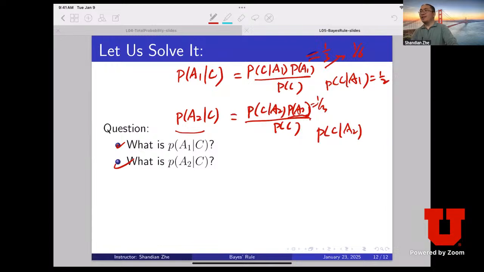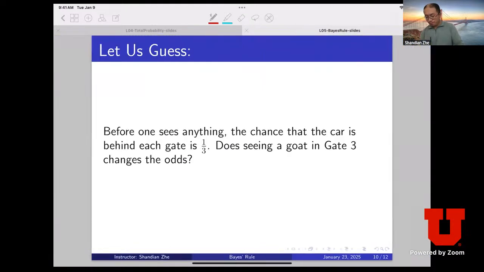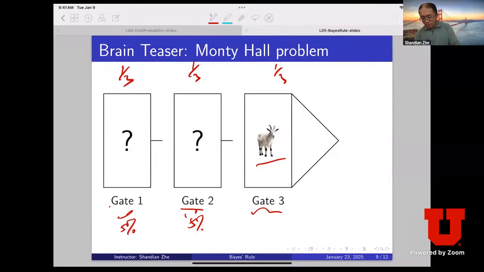Yes, exactly, right? That's the difference. You see, the host's decision actually depends on the choice of the player. So if you look at this, if this is the car, the car is behind gate 2, given that the player has chosen gate 1, the host has to open gate 3.